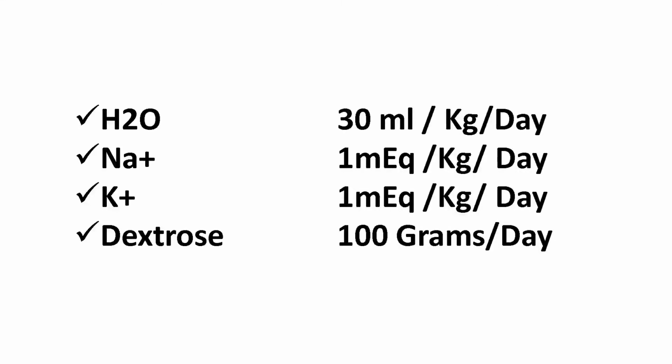Earlier, we saw that the requirement of sodium is 1 milliequivalent per kg per day, and the requirement of potassium is 1 milliequivalent per kg per day. Let us now convert the milliequivalent to milligrams. We know that weight is equal to milliequivalent into molecular weight by valence.